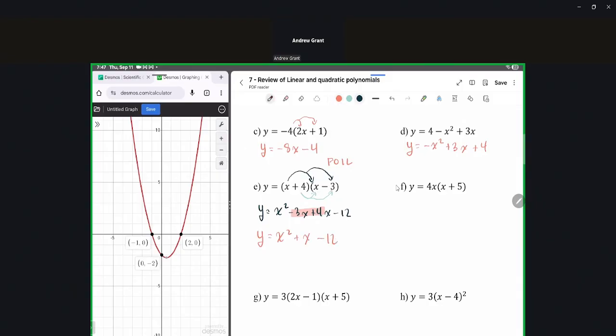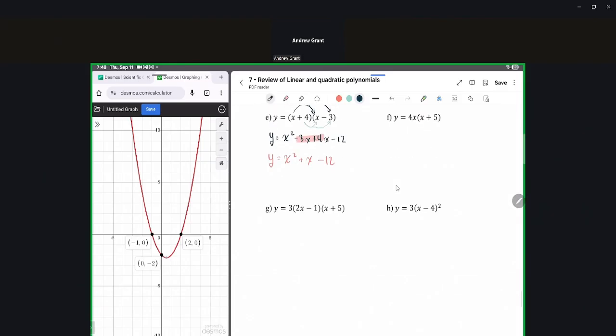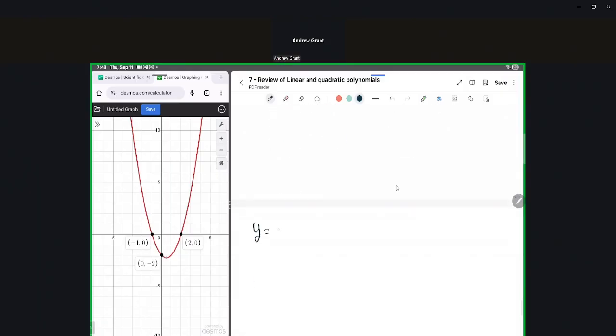So I got us an extra page down here. I want to show you two other ways you could solve this or simplify that down. So if you have y is equal to, what was it again? x plus 4 times x minus 3. You could do what we call the array method.